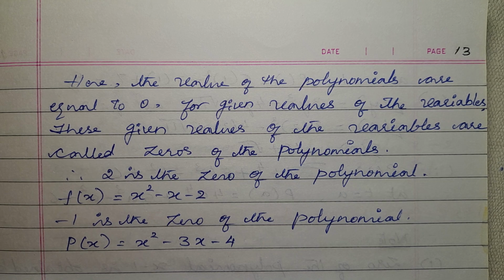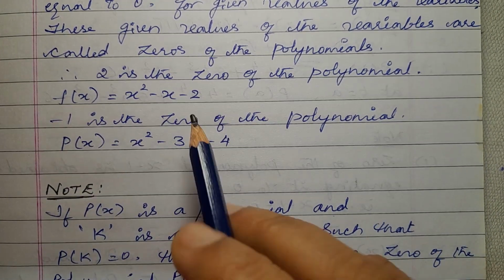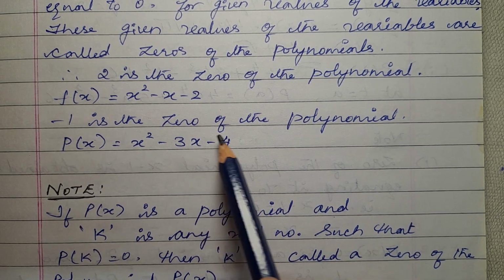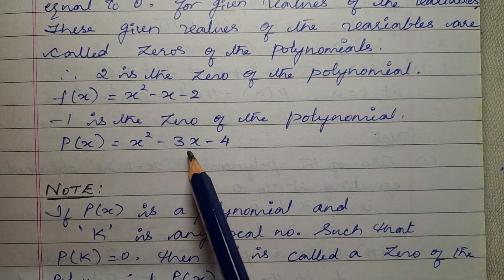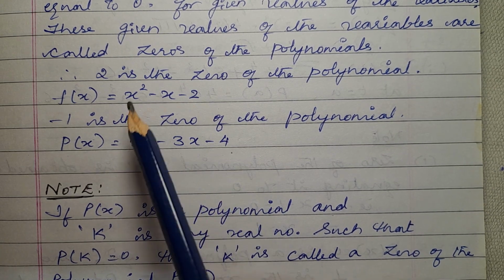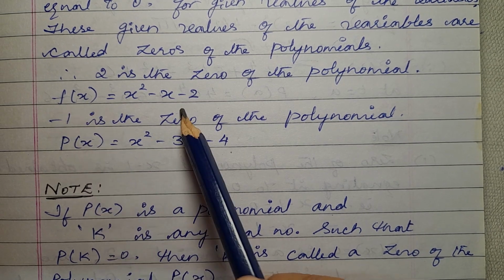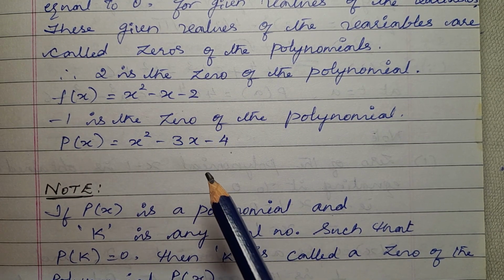Therefore, 2 is the zero of the polynomial f of x equal to x square minus x minus 2. Minus 1 is the zero of the polynomial p of x equal to x square minus 3x minus 4. Zero of the polynomial means the given polynomial must become 0; we only have to find out for which value it becomes 0.